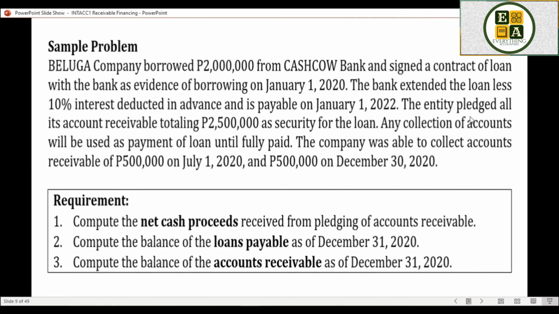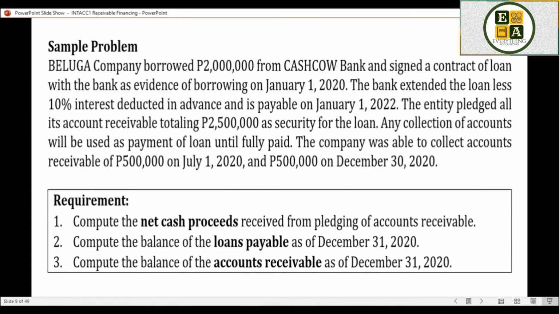The entity pledged all its accounts receivable totaling 2,500,000 as security for the loan. Any collections of the accounts will be used as payment of loan until fully paid. The company was able to collect accounts receivable of 500,000 on July 1 and 500,000 on December 30 of 2020.